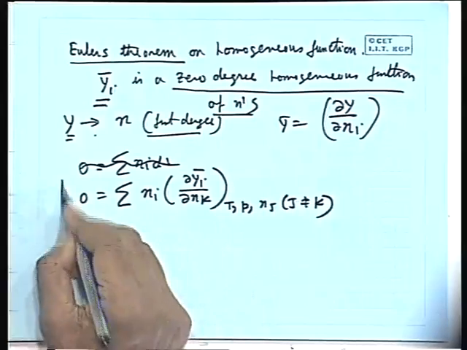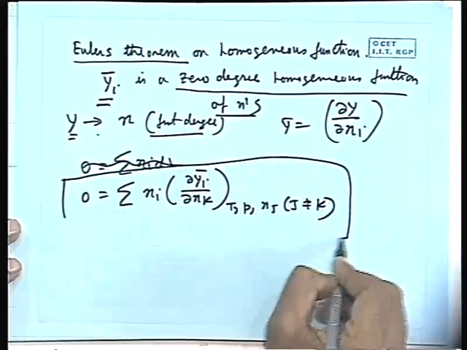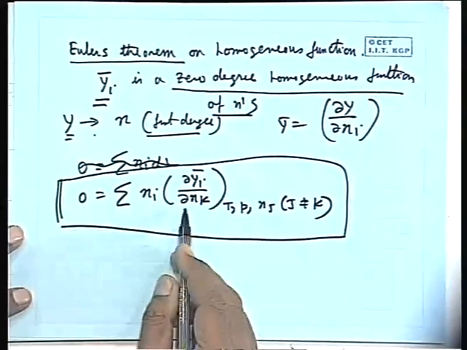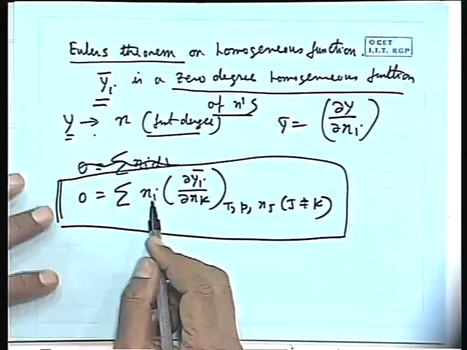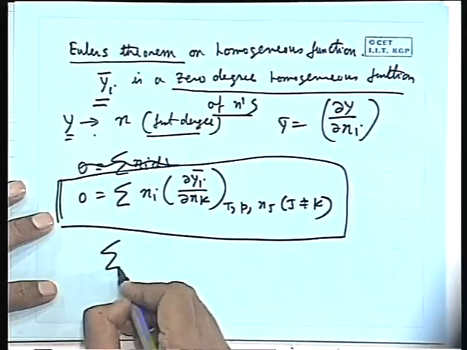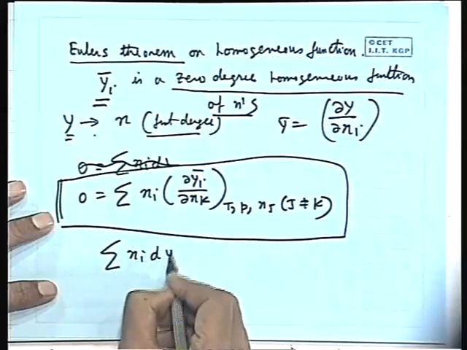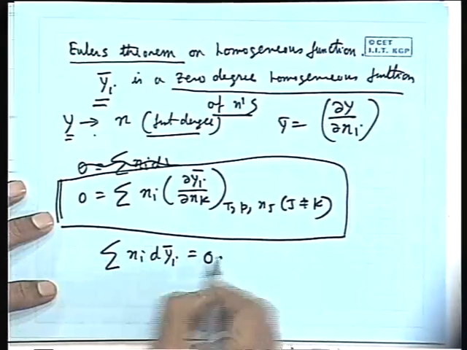So this is again a very important relationship, Nk del Y. And along with the other equation we just derived, these two are very, very important relationships.